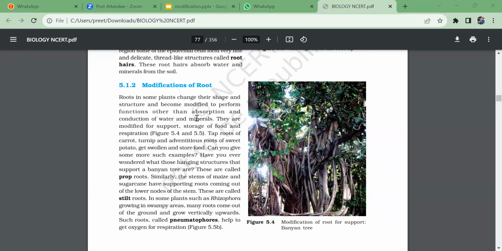Understood? If you only do studying, you're doing your primary functions. Along with that, the extra things you're doing are the modifications. Just like that, root का absorption, conduction, water absorption, mineral absorption, hormone synthesis, or anchorage, ये उनका primary goal. उसके बाद extra thing is known as modification.